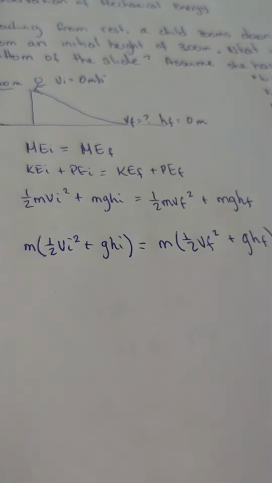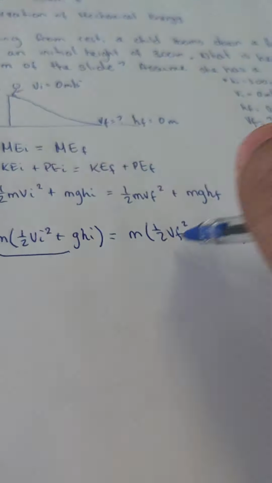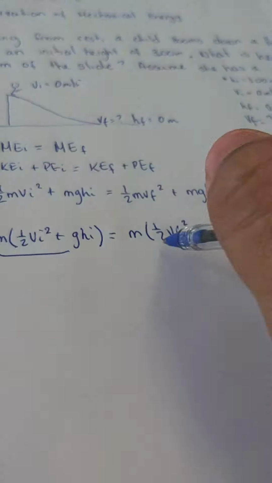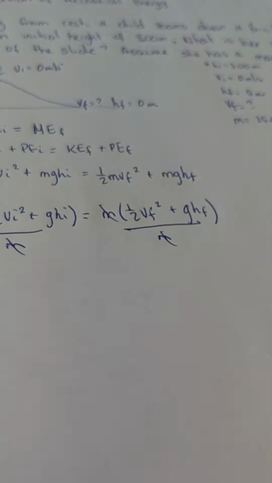Now we can divide by mass on both sides of the equation, and notice what happened. We can disregard mass in the equation. Why? Because mass is a common factor on both sides. So this is why it doesn't matter what mass is given.